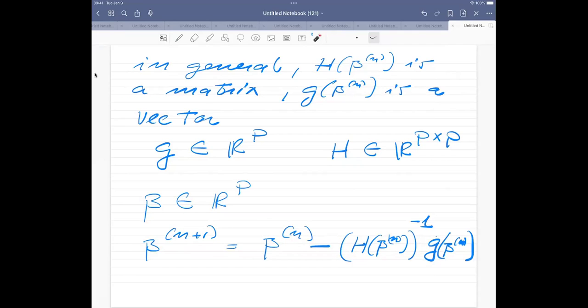That means you do these operations 100 times 1,000 times. And since the matrix H depends on beta, you have to calculate it every time. Since we have 100 features, it's a 100 by 100 matrix. And you see that this becomes unwieldy.